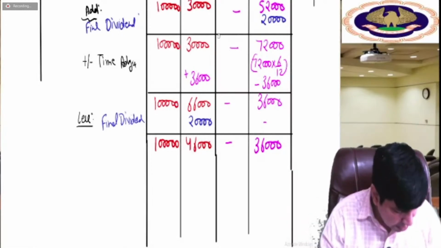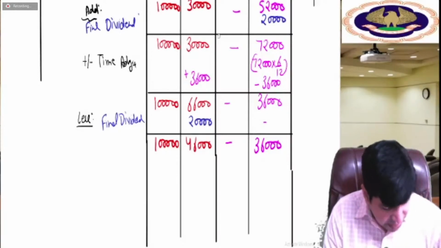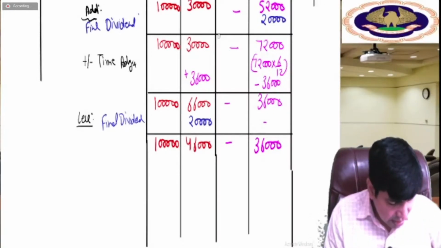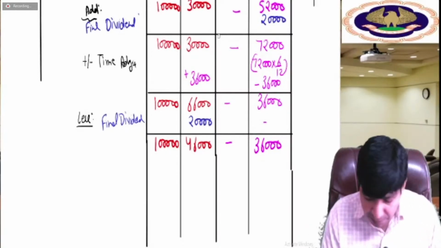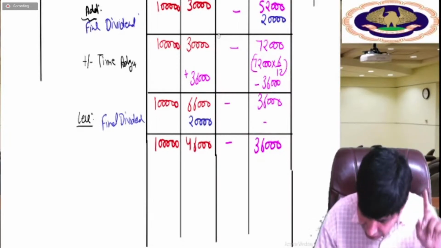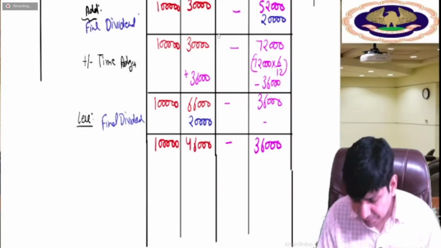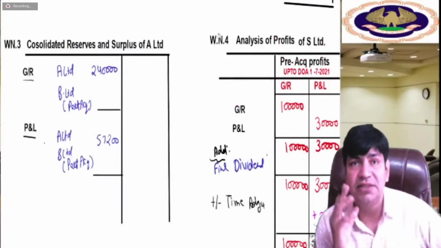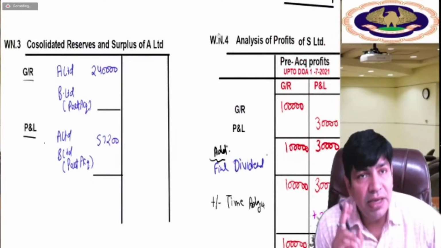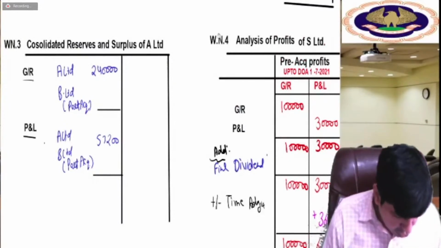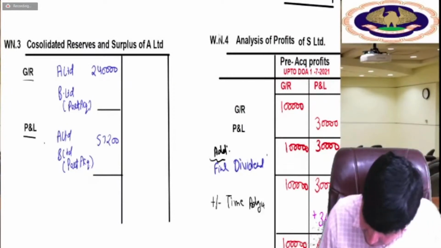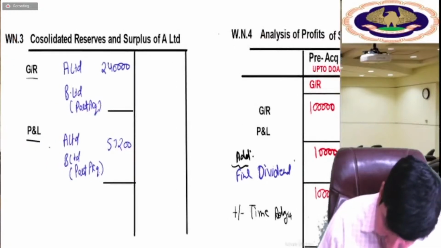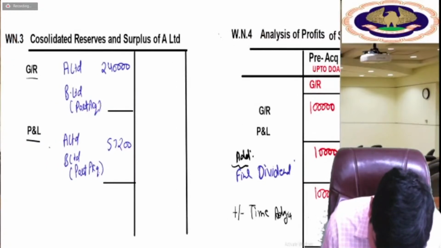It must be accounted for as recovery from the investment. But as I discussed earlier, it is presumed that the holding company accountant has made a mistake and credited it to the profit and loss account. So first we have to rectify that.